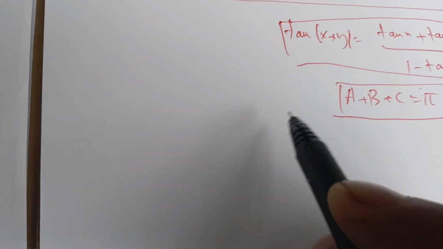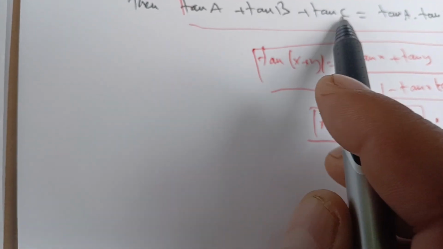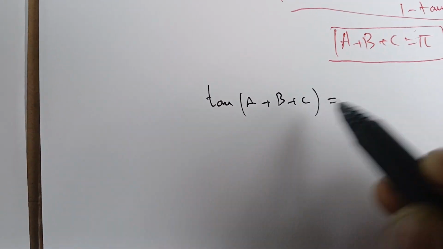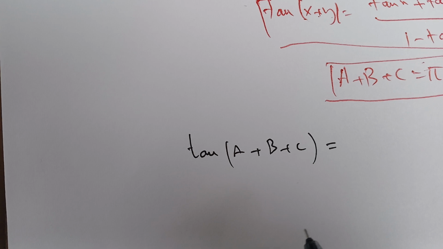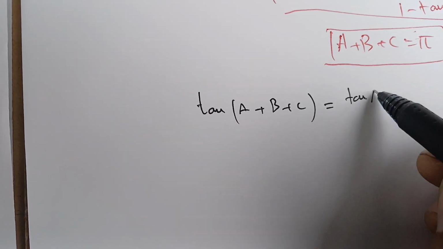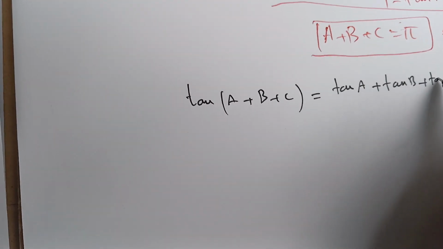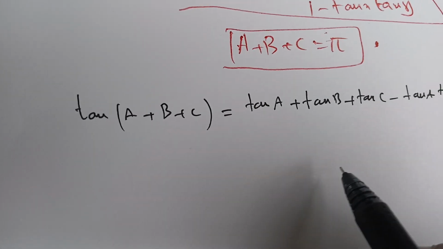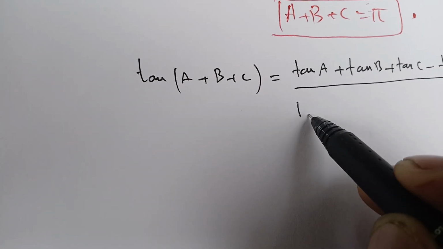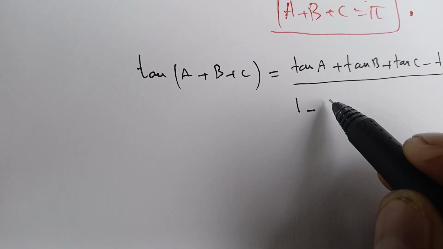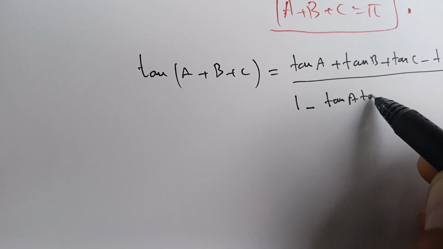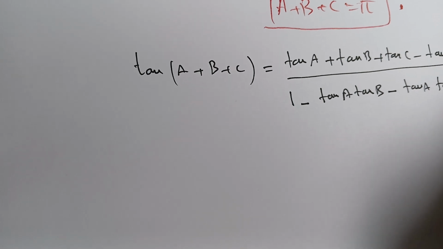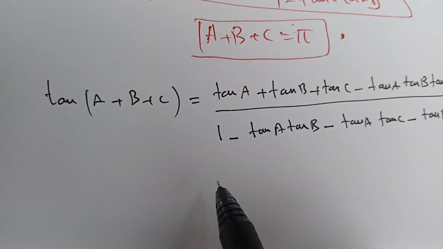Remember that we have to prove that for these angles A, B, and C, the tangent of A plus B plus C is given by this formula: tangent A plus tangent B plus tangent C minus tangent A times tangent B times tangent C, over 1 minus tangent A times tangent B minus tangent A times tangent C minus tangent B times tangent C. Okay?